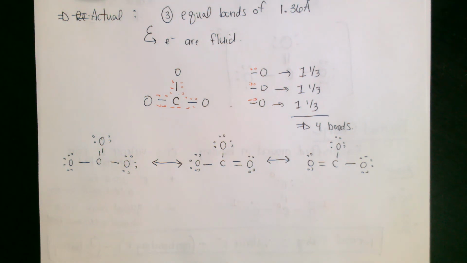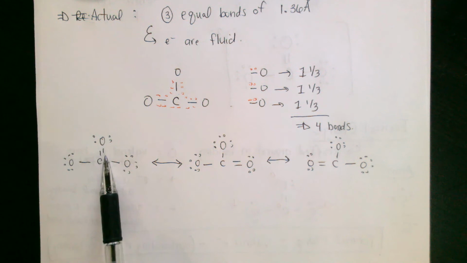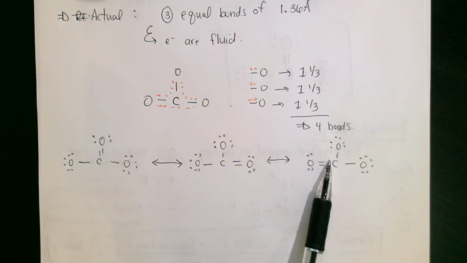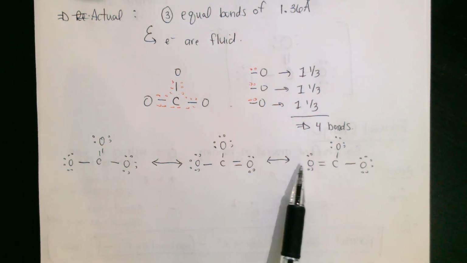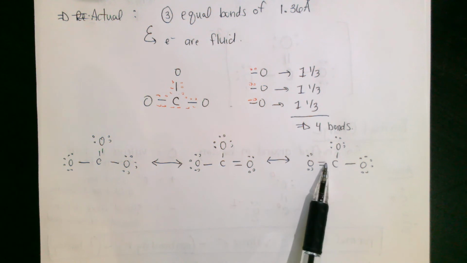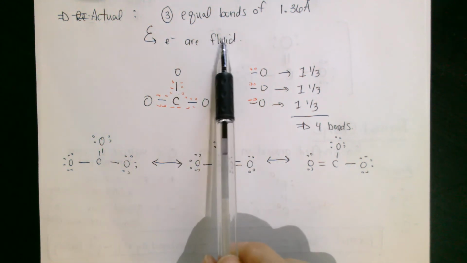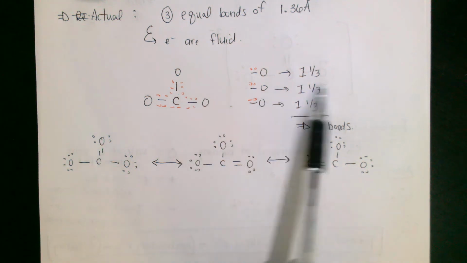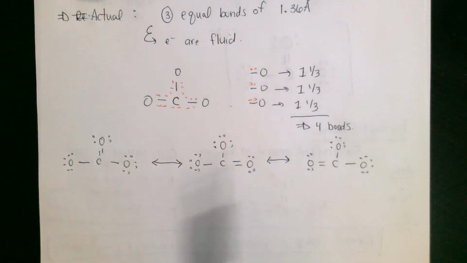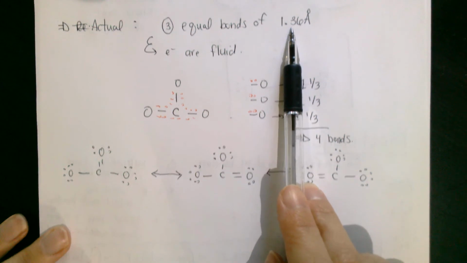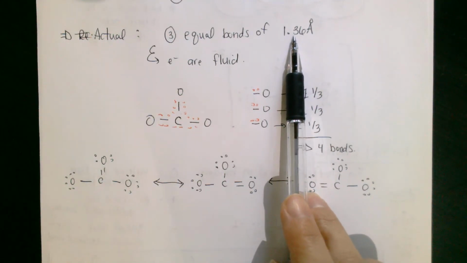These are all called resonance structures. We have 1, 2, 3. But the reality of the situation, like I said, is that this is not a localized bond here. Electrons are fluid, they're moving around, and we're actually getting more like a share of that double bond, a 1 and 1/3. And again, we know this because we have measured it experimentally. This isn't something like, oh yeah, it's probably this way.